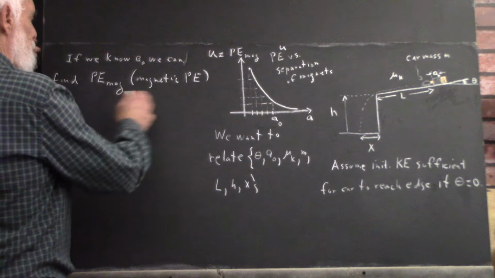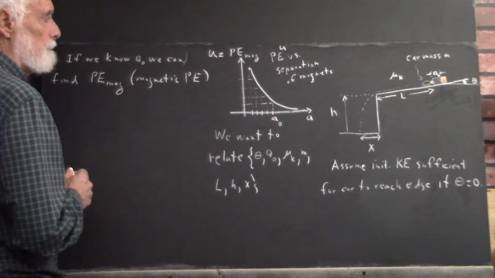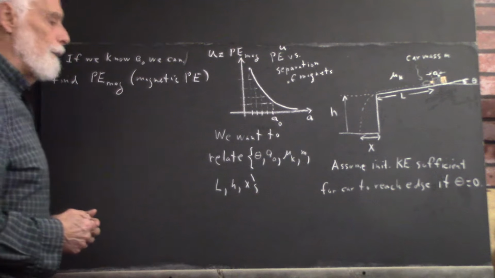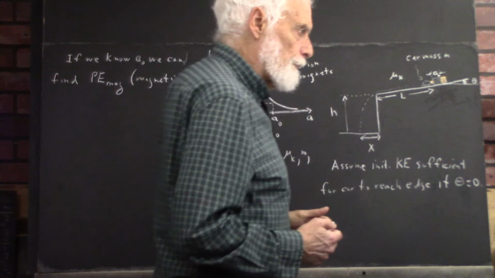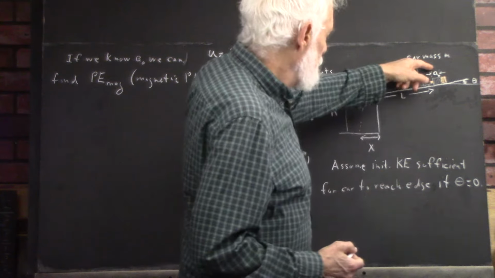So this is the initial potential energy of the magnet system. If you know that, you can actually determine the initial potential energy of the entire system.